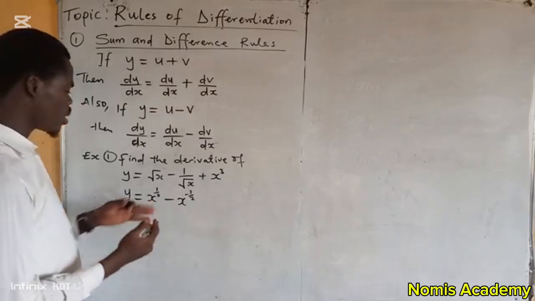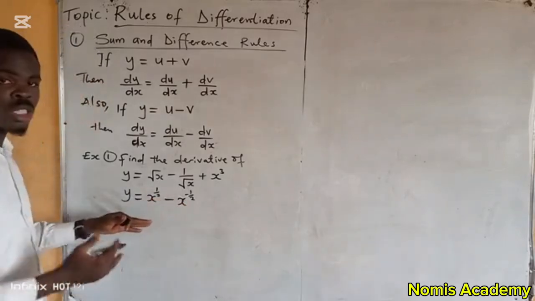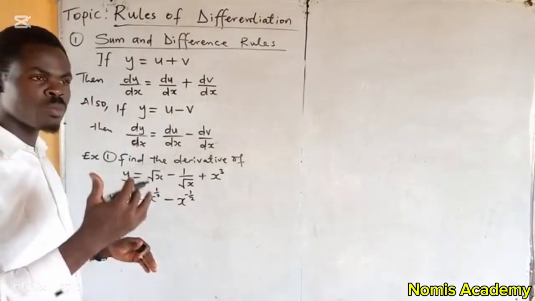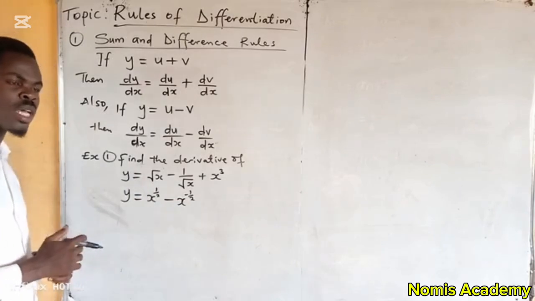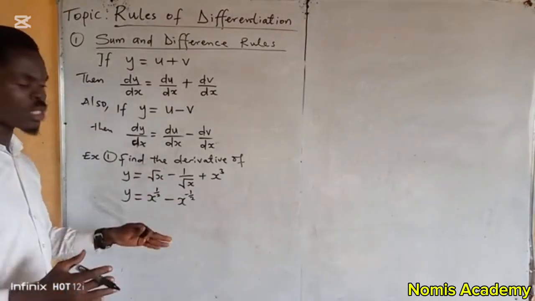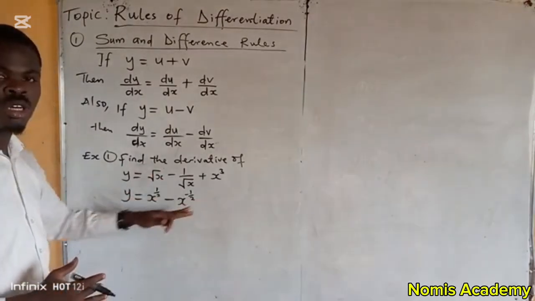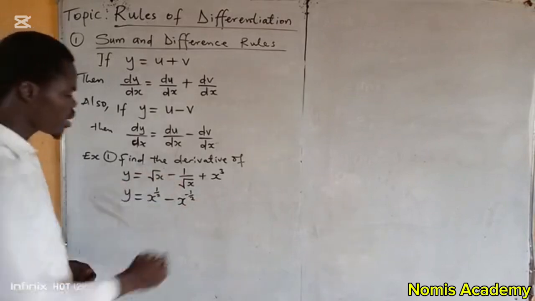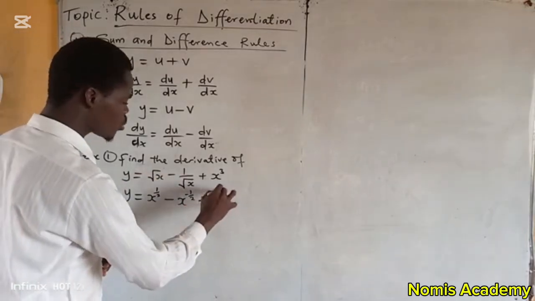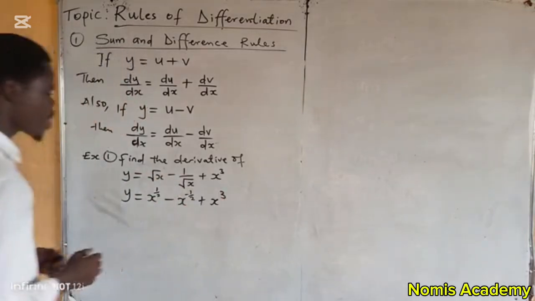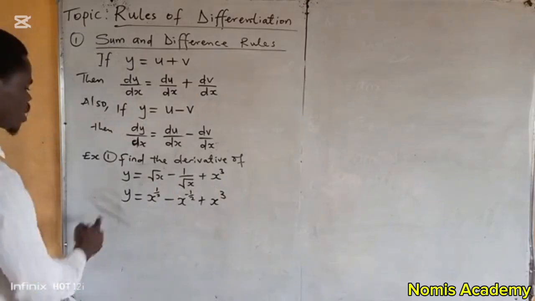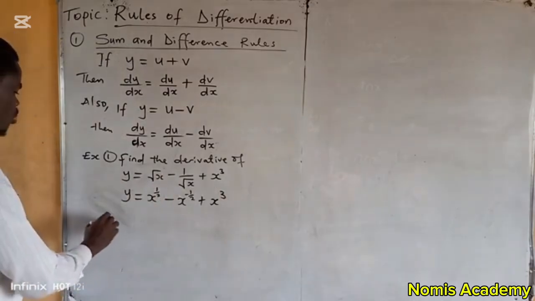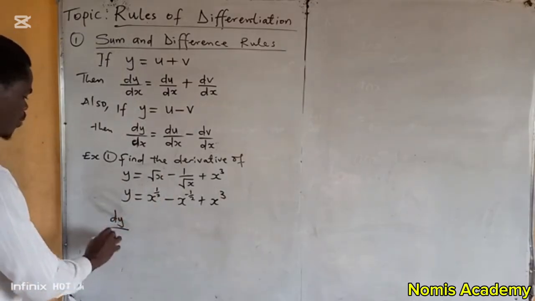In case you are in doubt of this, you can check the topic of indices in your SS1 textbook, where you will see the different laws of indices. The next one we have is x raised to the power of 3. Now we find the derivative of the function, dy over dx.